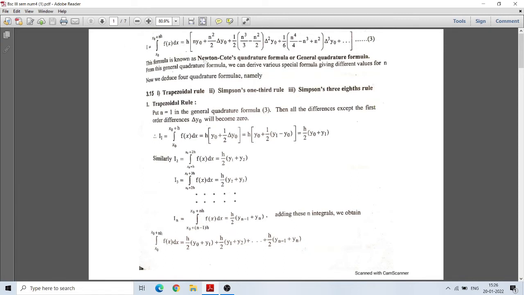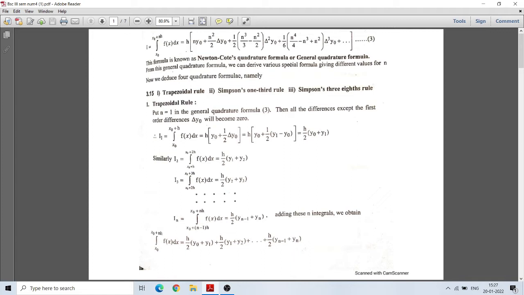So then we get h times n y naught plus n square by 2 delta y naught plus 1 by 2 times n cube by 3 minus n square by 2 delta square y naught plus 1 by 6 times n to the power of 4 by 4 minus n cube plus n square delta cube y naught plus and so on. Call this equation number 3. Equation 3 is known as the Newton's Cotes quadrature formula, or generally the quadrature formula.